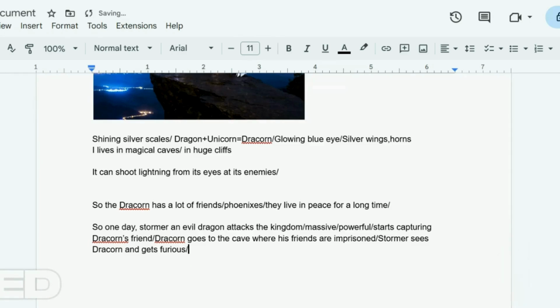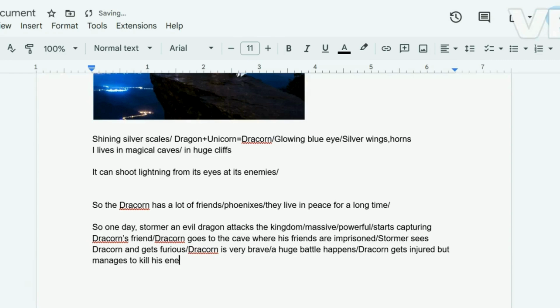Okay, now let's see. So Dracon is very brave. A huge battle happens and Dracon gets injured but manages to kill his enemy by using lightning.